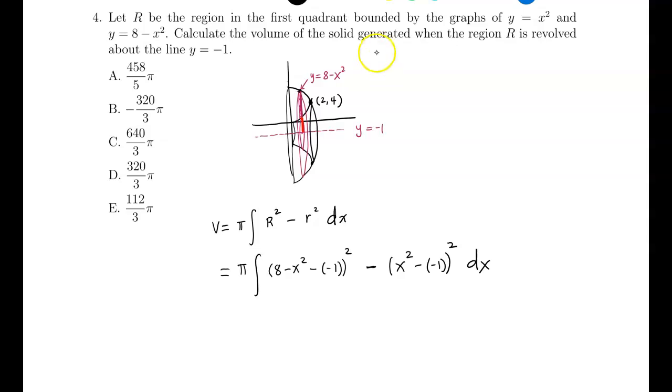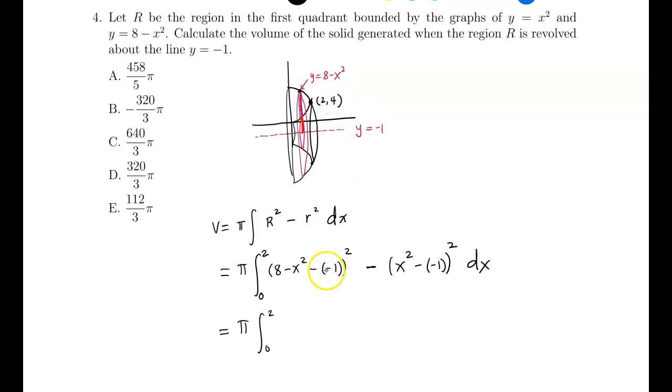Now, for the limits of integration, you would look at the x values from the original strip. The strip runs from this point here, which is 0, up to this point here, which is 2. So from 0 to 2. Then you simplify it. So you have pi integral from 0 to 2.